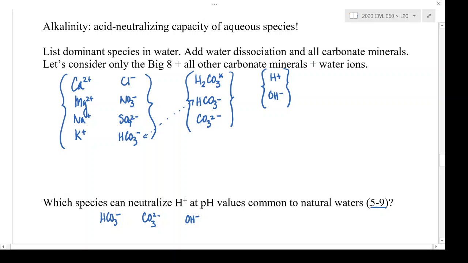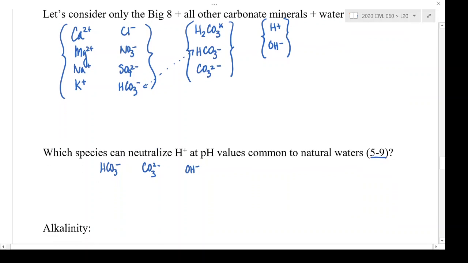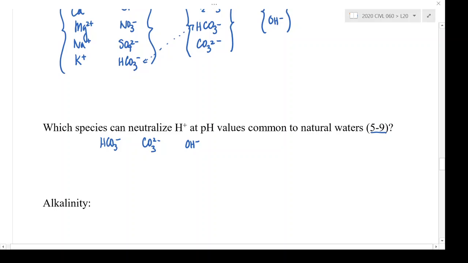So if we think about alkalinity as the acid neutralizing capacity of water, then we need to include these three species.